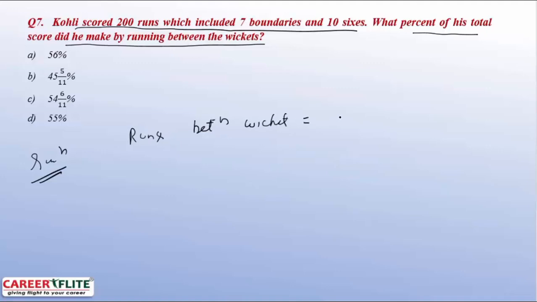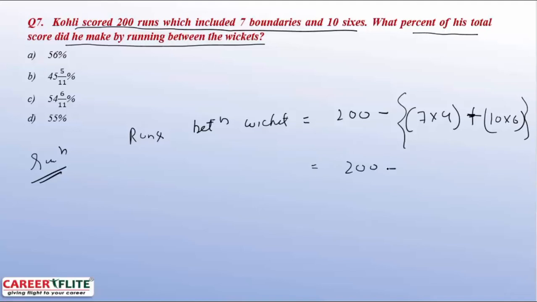So what will be the runs between the wickets? Runs between the wickets will be 200 minus 7 boundaries, that is 7 into 4, plus 10 into 6, for 6s. So 200 minus 28 plus 60.